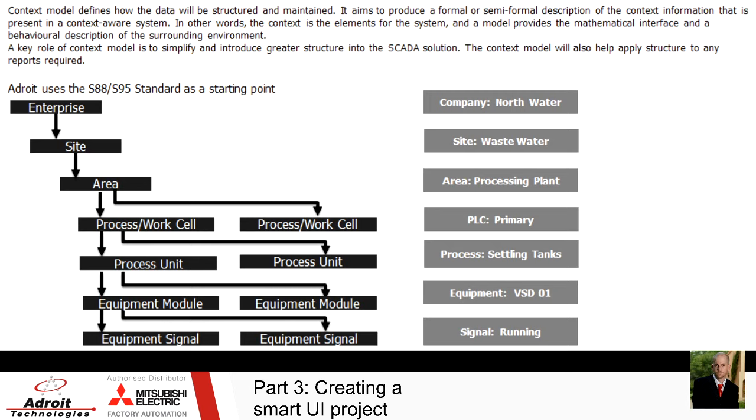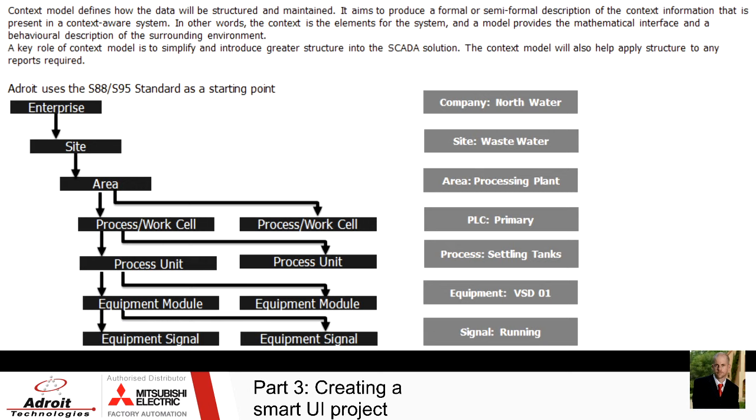We might have multiple settling tanks in this particular processing plant, settling tanks 1 through to whatever. And then we have a piece of equipment. This is a VSD. This might be the pump that moves the material into that particular processing tank. And then we have a running signal.